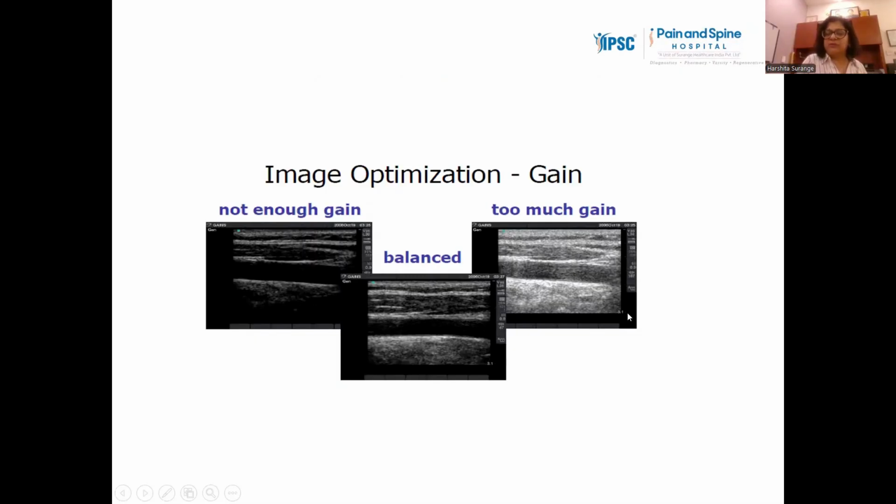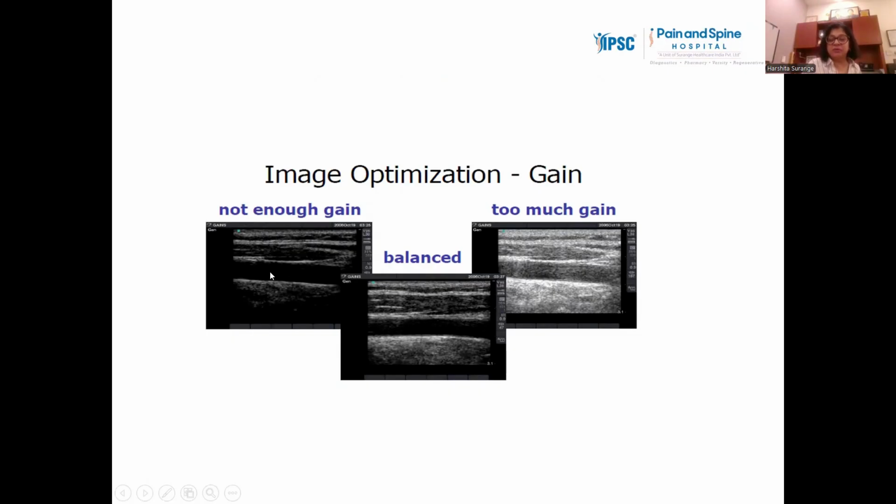So gain is equal to brightness. When you are doing a scan, you should make sure the image is neither too dark nor too bright. See this image, isn't it too dark? So the gain is not enough. This is too white. The blood vessel and the muscles are all appearing white, and you can even see some debris in the blood vessel.